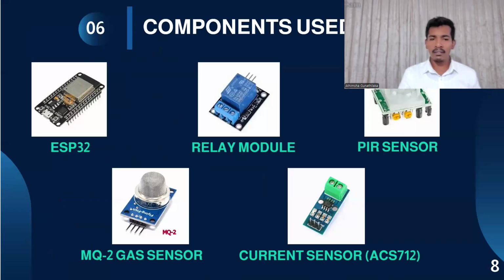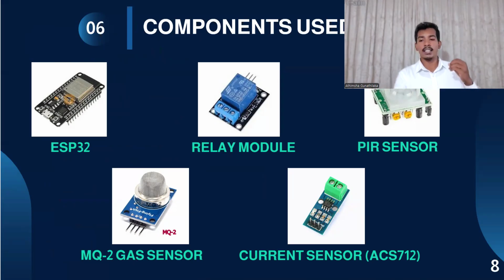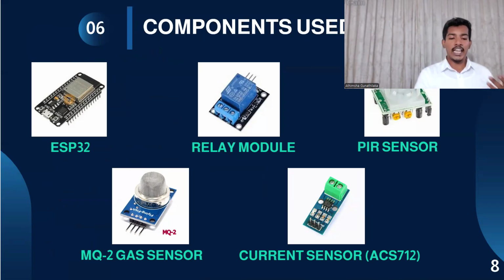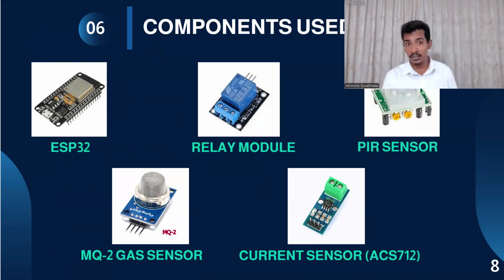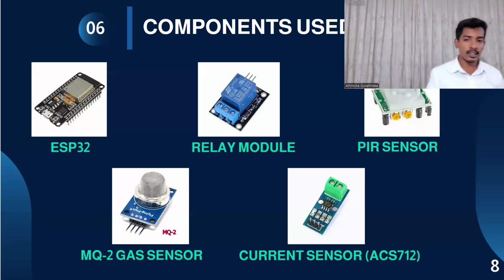Here we have the 5 main components that we used in VoltLink. The ESP32 is the brain. It processes data and handles wireless communication. The ACS712, which is on the bottom, measures how much power each device draws. And the PIR sensor detects human motion, which is very important.